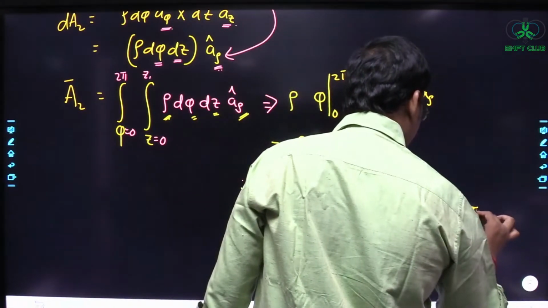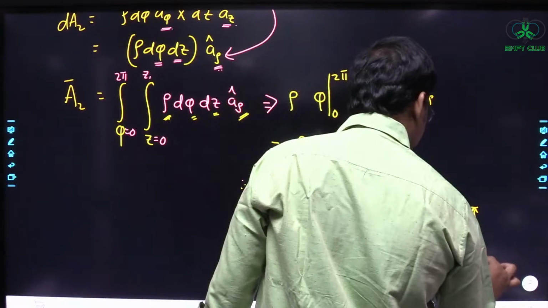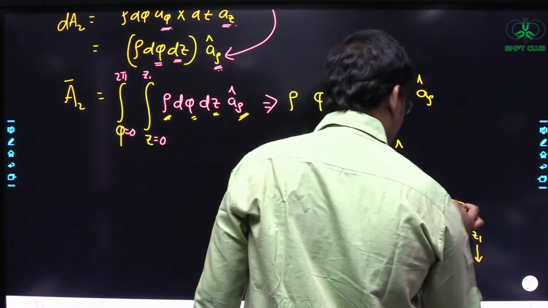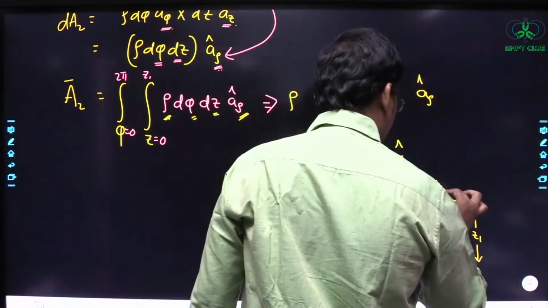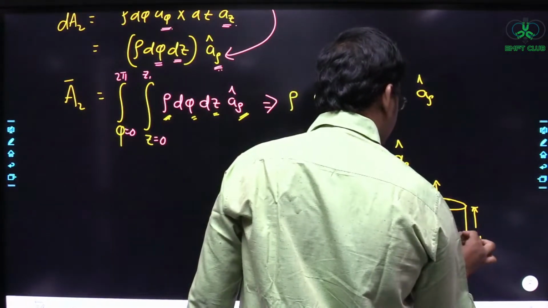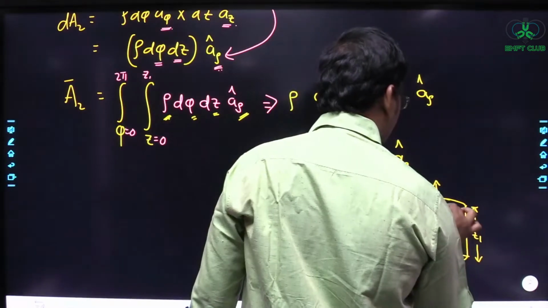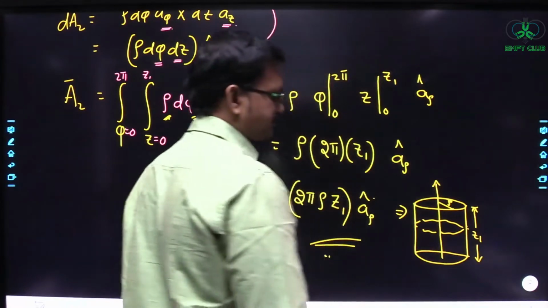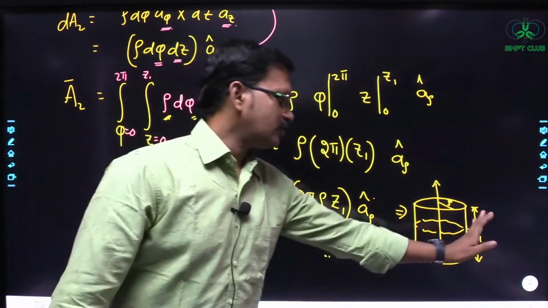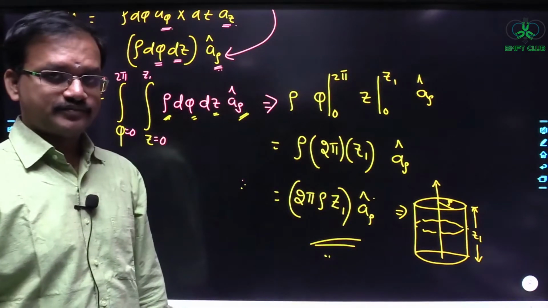So its height is z1, and let us say this is the z axis, right? And the radius of this one is nothing but rho, right? So we got the curved surface area of the cylinder.